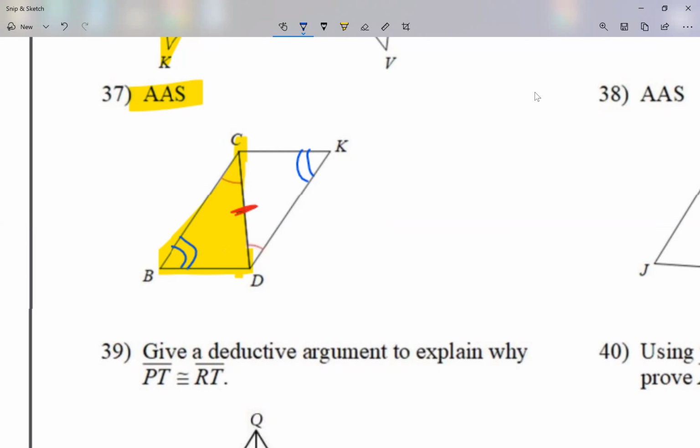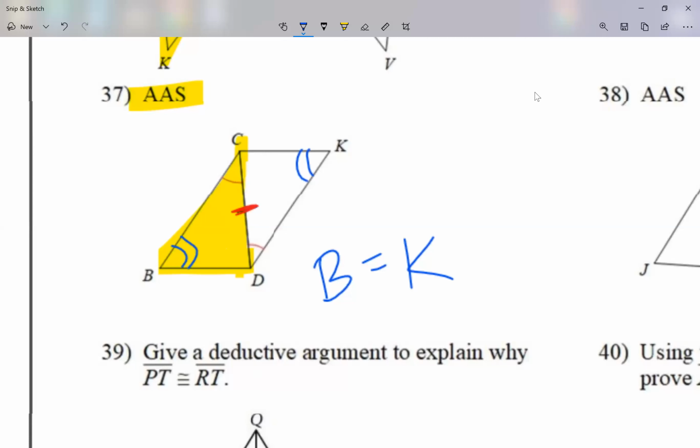If I said angle C, is that the only corner from the original picture? No, it's not, right? But B it is, right? So in this case, I can get away with only one letter. I'm gonna say angle B is equal to angle K. Remember, sometimes we can get away with one letter. We can always use three if we wish. Three always works. For angles, three letters always works.